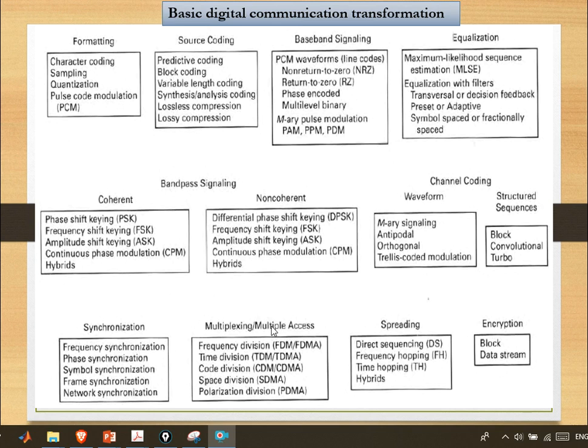The guy who asked me what's the difference between multiplexing and multiple access, I told him they are almost the same, but they are implemented at different layers, at different levels of your digital communication system. One is implemented at the bit level and the other is implemented at the waveform level. That's why each one brings its own challenges, its own design parameters.